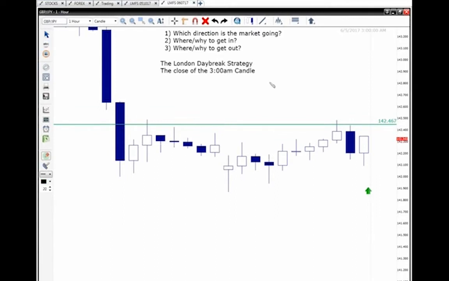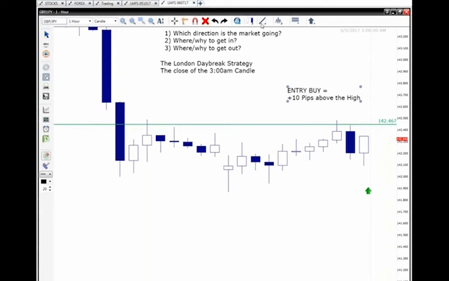This is going to be our entry buy position. It's a pending order. We're not in the market until we get triggered into this position. So our entry buy is going to be plus 10 pips above the high of that candle.